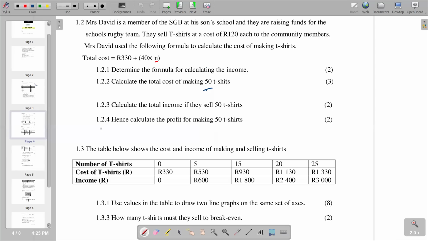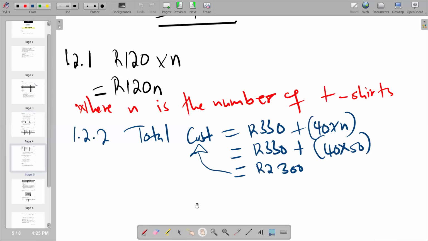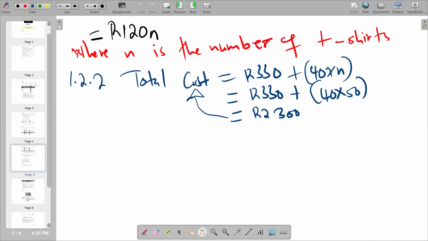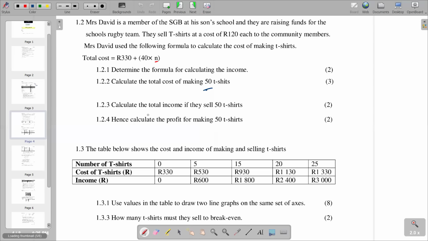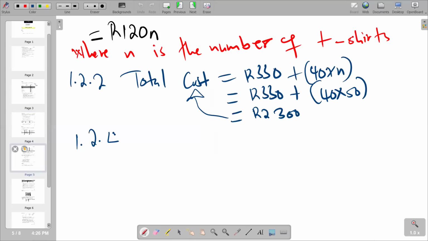So in terms of the income now, remember we have 1 point and 2 points. This is now going to be 1.2.4. For the question that we have, we've got 1.2.3. So this is now 1.2.3. So we can just indicate as such.